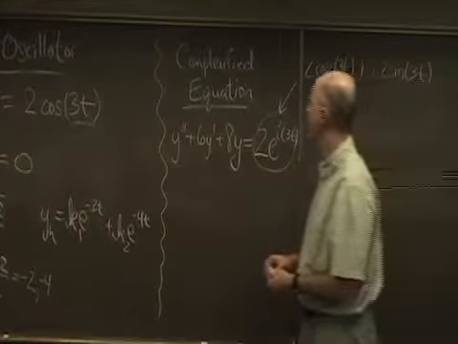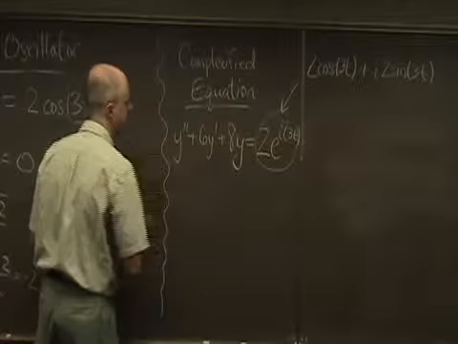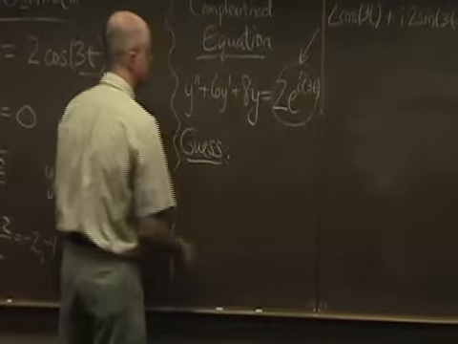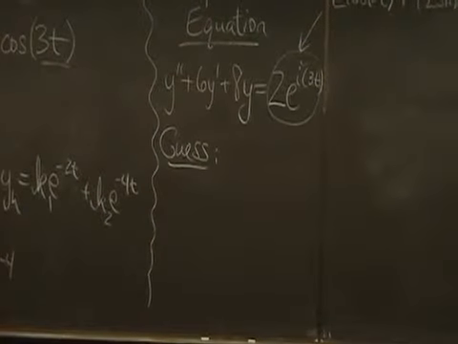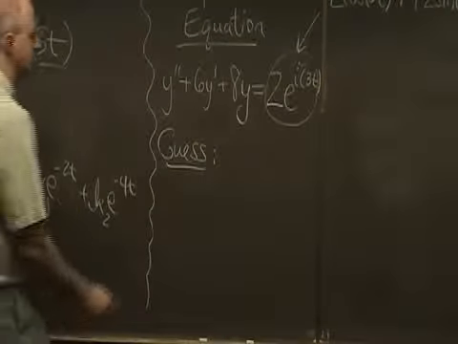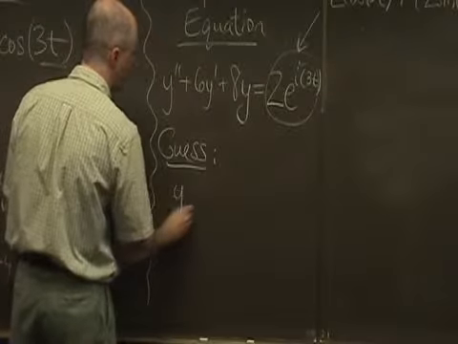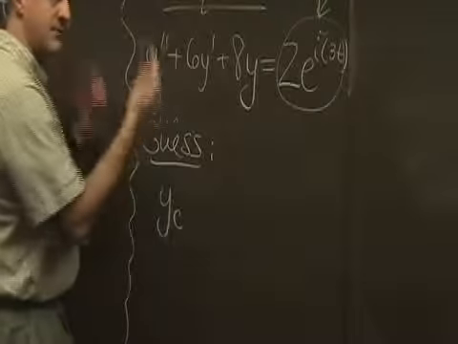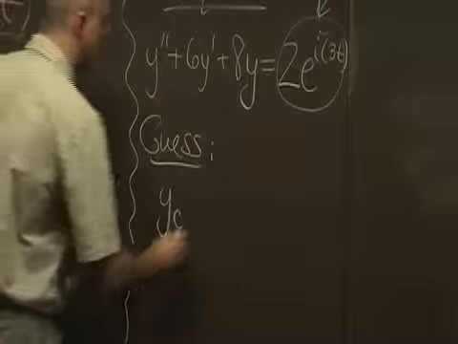So, let's go about the task of guessing a solution of this complexified equation, and then we'll take the real part of that solution. I'm going to call my guess y sub c to distinguish it from yp, which relates to my original equation. The c here also stands for complexified equation.